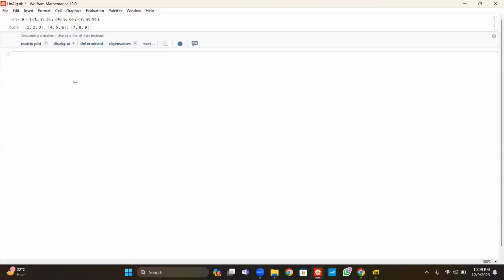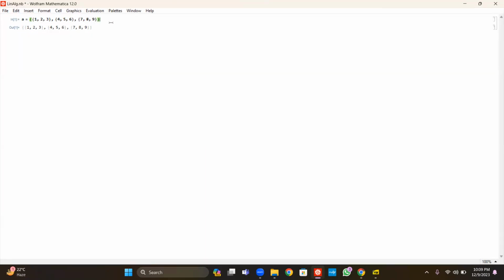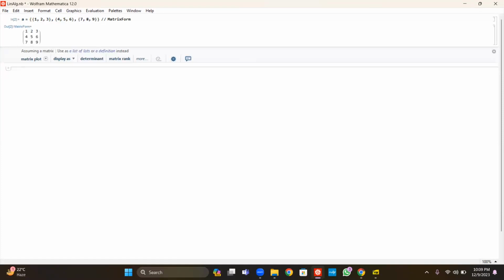And if we want to see this in matrix form, as far as I can remember, the command for that is /MatrixForm, in matrix form. So yeah, I think I should increase the screen size a bit.